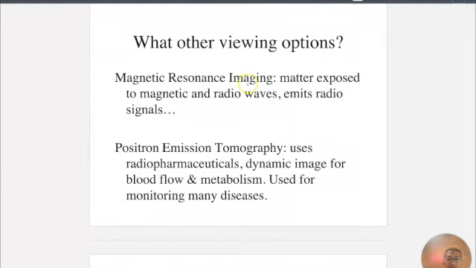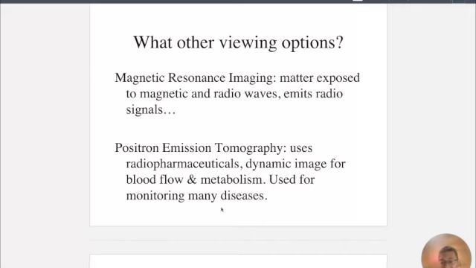So this is MRI. It uses magnets to change the position of your atoms, and then you take an image. PET scan uses a radiopharmaceutical. So you take a dye, and then they take a picture of it. Usually, for example, you put in a sugar solution and have the patient inject it.